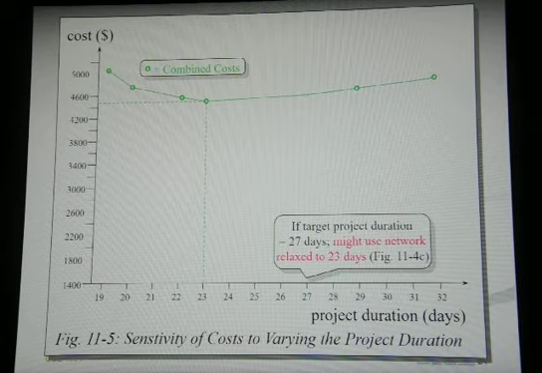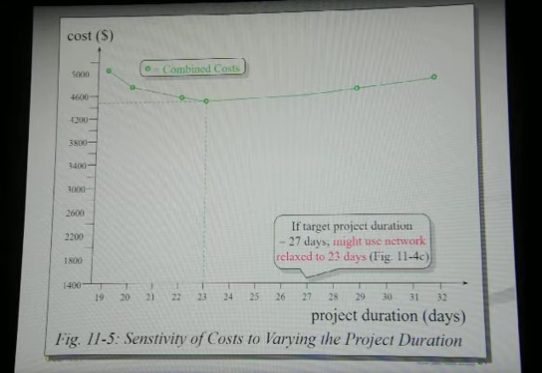But it's important for when you hear about crashing, what crashing means, what relaxing means, which one you pick for relaxing, which one you pick for crashing. And always remember, when we crash some activities or when we relax some activities, you have to run the schedule all over to get the early starts, early finishes, to get the duration of that project.